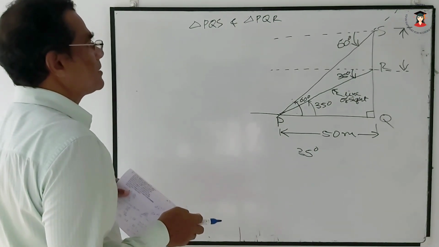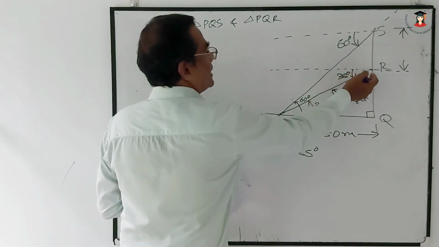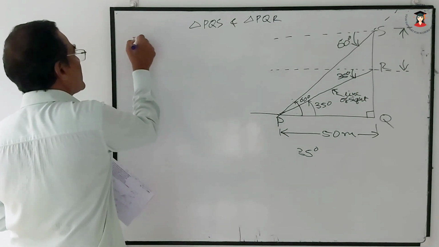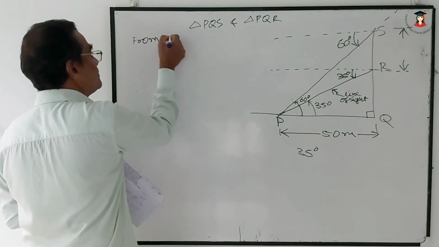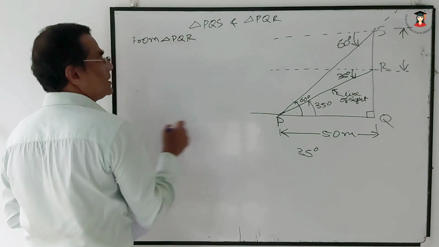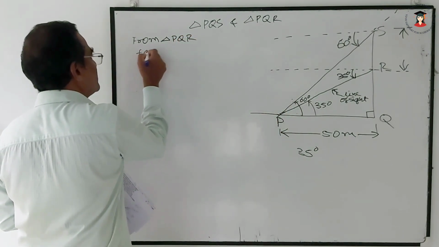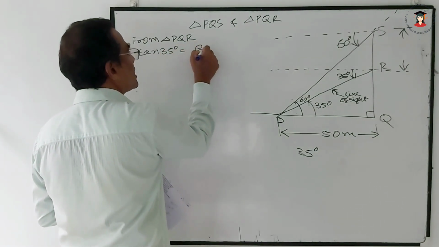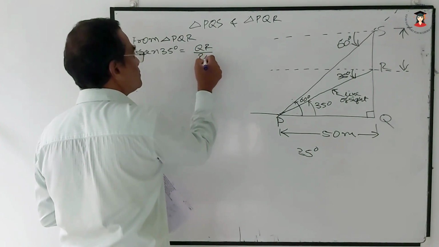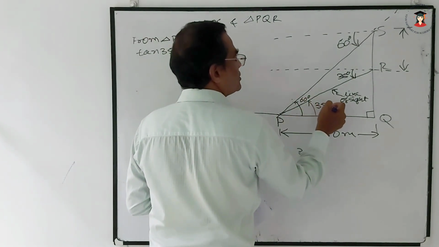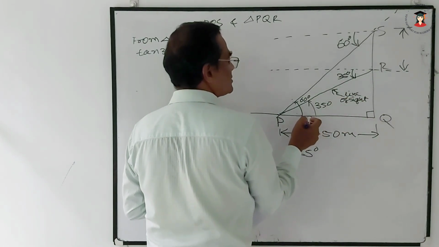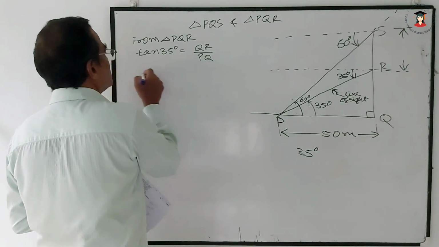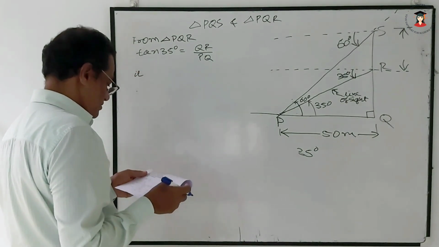Let us first consider triangle PQR. From triangle PQR, take the tan ratio of 35 degree. Tan 35 degree equal to QR divided by PQ. Opposite side of 35 degree divided by adjacent side of 35 degree. What is tan 35?